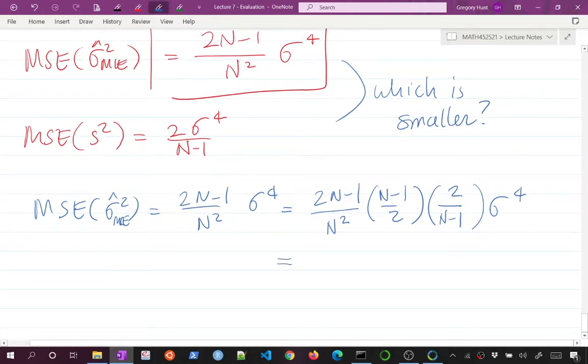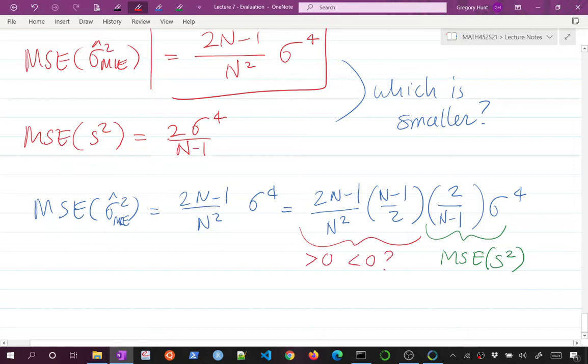But what that nicely does for me is it's going to allow me to write this. We can note here is the MSE of s squared. And so the question now boils down to, is that greater than 1 or less than 1?